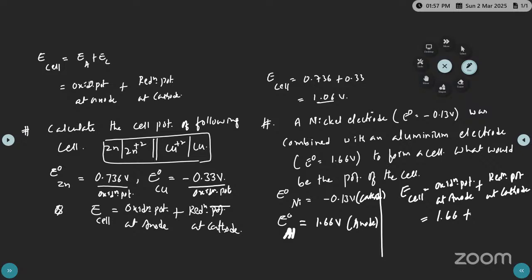The required potential is reduction potential at cathode, but the given potential at cathode is, wait, those whom I asked, tell me. You tell me. At cathode the potential is minus 0.13 volts.